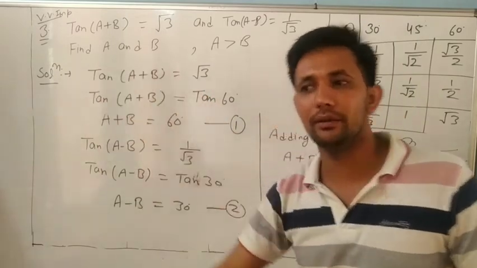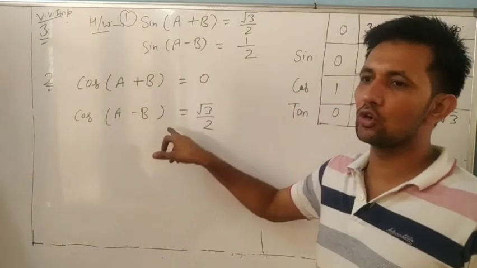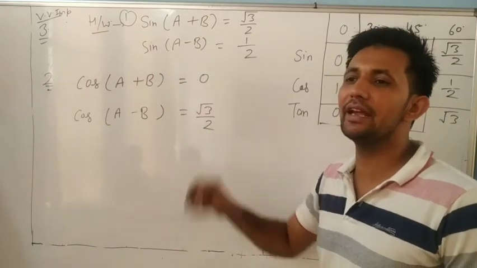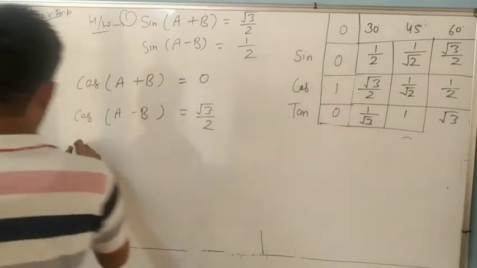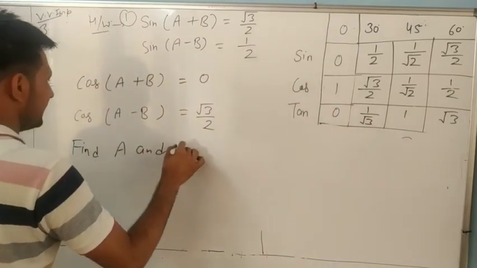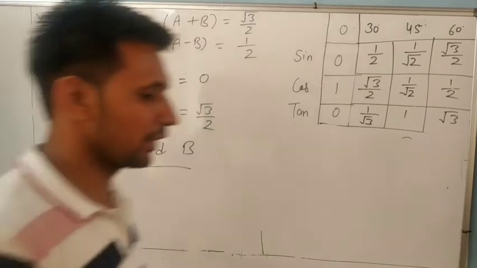Note it down, dear. Now these two questions you have to solve yourself. Two equations are given. Find A and B, in both questions, dear. So solve it, this one also. These two questions are important. You have to solve it. Note it down.